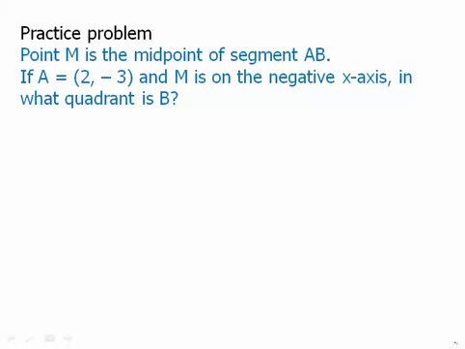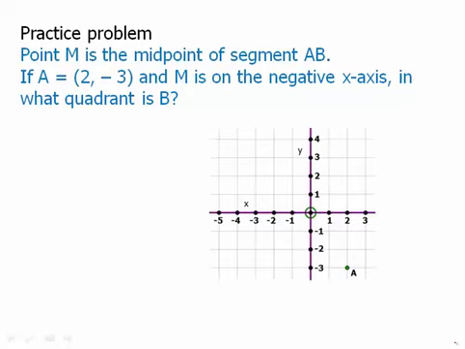Okay, this is a problem that actually could appear on the test because it's a little less straightforward and requires a little bit of visualization. Point M is the midpoint of segment AB. If A equals (2, -3), and M is on the negative x-axis, in what quadrant is B? So let's visualize this. We have A here. We don't know where M is, but M is going to be on the negative x-axis, here.